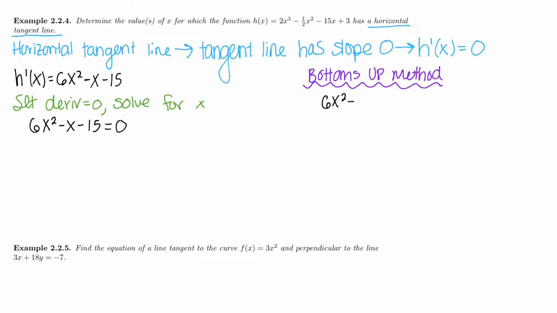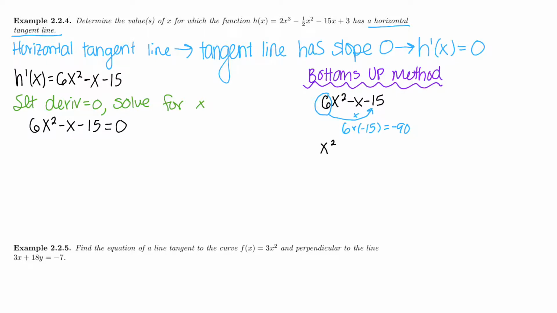Essentially, you take your quadratic, and then you take this guy and you multiply him there. So 6 times negative 15 is negative 90. You do that, and then you get rid of this number out in front.